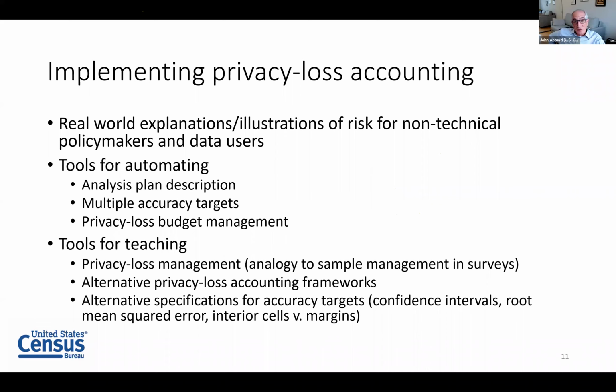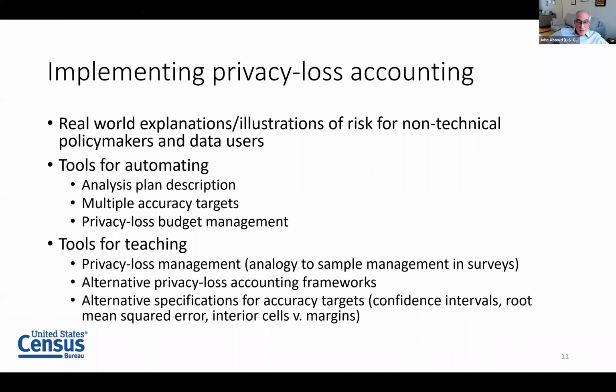And in general, we've found there are generally multiple accuracy targets. And so that capability ought to be a part of an automated tool. And then privacy loss budget management, ways to help the user manage the global budget and its allocation across the workload. And then tools for teaching this to a novice user community. What privacy loss management means.